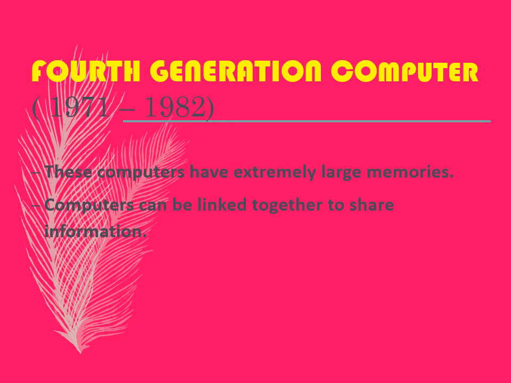Nowadays, we can easily share information through our mobile phones and laptops with the help of Bluetooth, then USB cables. But during that time, it was not at all possible to share information through the computers. But this happened during the period 1971 to 1982. During the fourth generation computers, the computers were able to link with each other to share information and data.